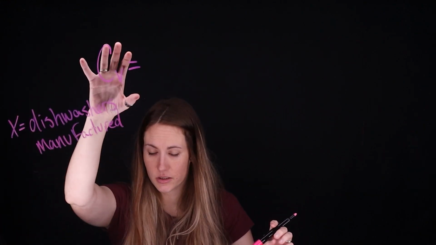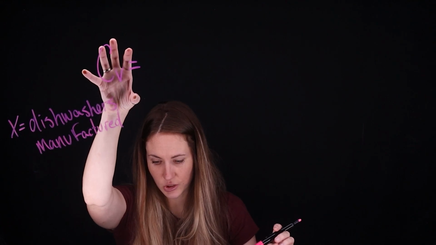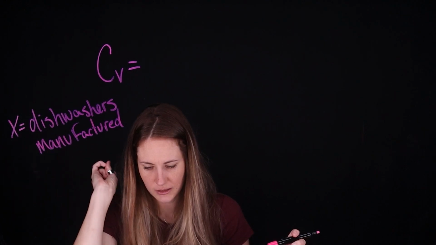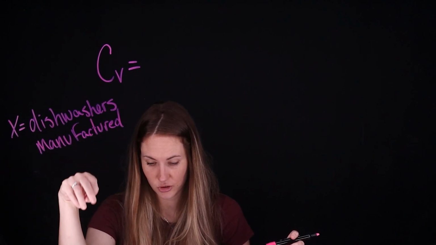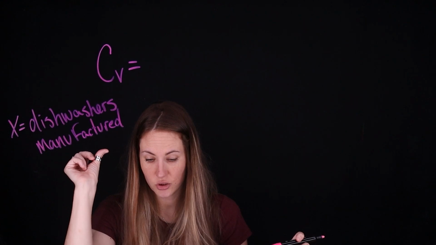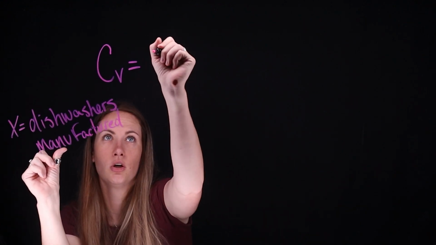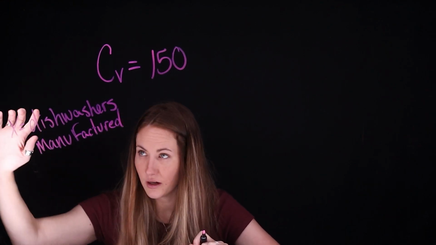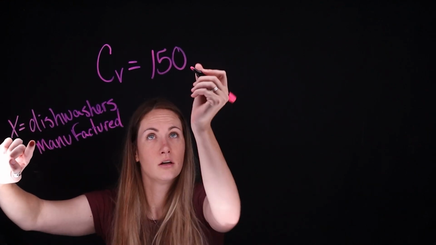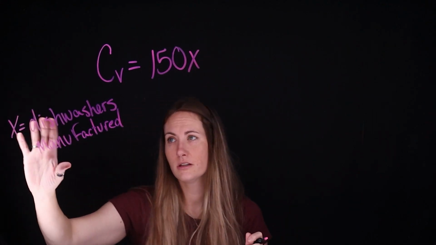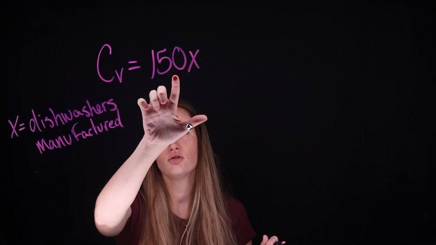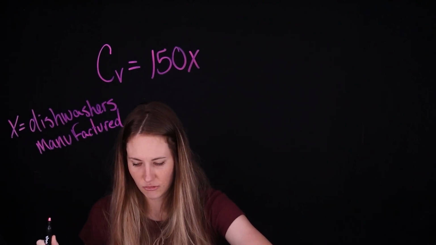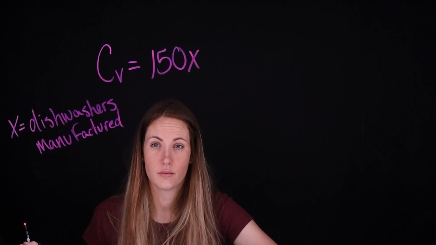The total variable cost of manufacturing X dishwashers is $150 per dishwasher times the number of dishwashers manufactured. So they told us X is this, and they told us it's 150 times dishwashers manufactured. And that's it. You stop there.